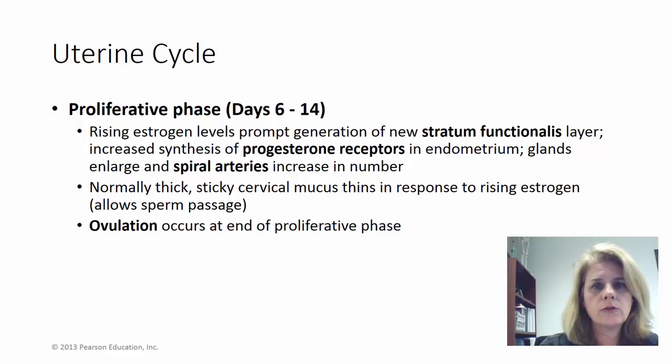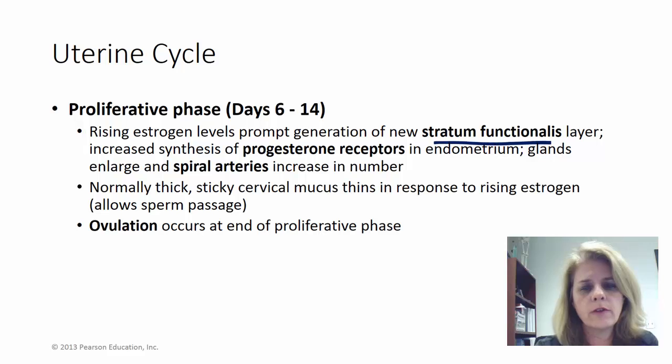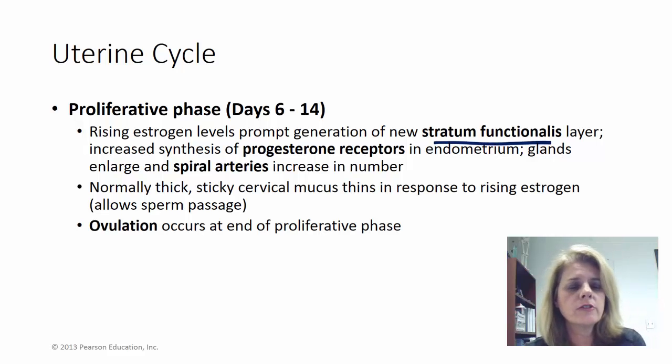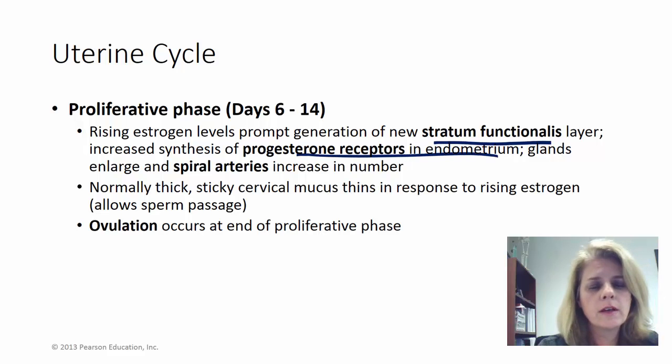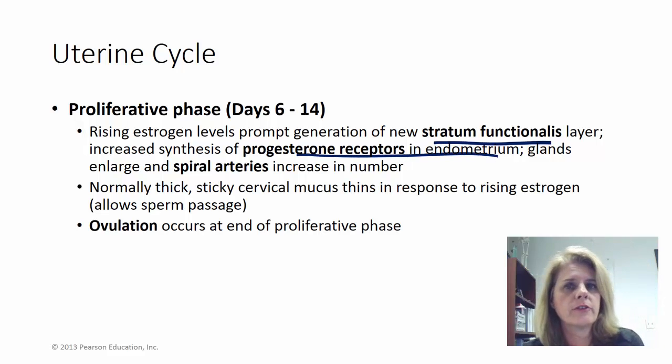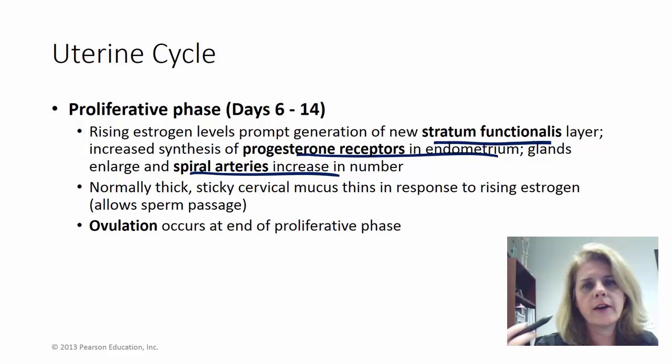And you're starting to cause a regeneration of a new stratum functionalis. You're going to start to get progesterone receptors in your endometrium. We'll talk about that a little bit later, what progesterone has to do with that. Your glands are going to enlarge, the spiral arteries are going to enlarge, so you're basically proliferating all of that tissue.